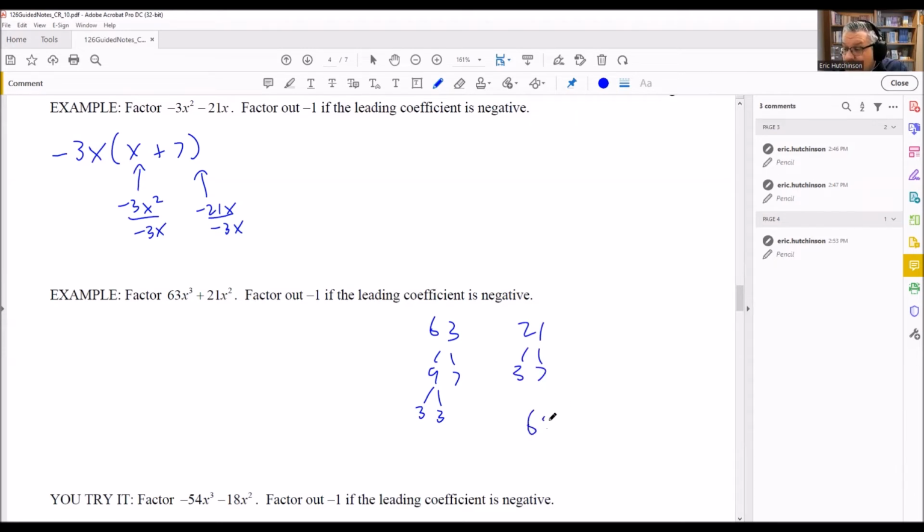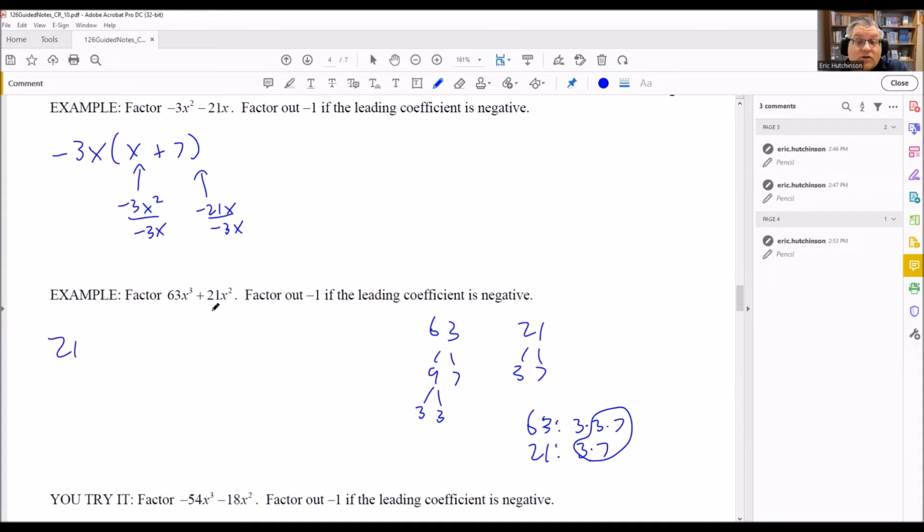So for 63, we have 3 times 3 times 7. And then 21, we just have 3 and 7. Notice here that 3 and 7 are common on this one. That means that the GCF between these two numbers is actually going to be 21. So I know 21 is part of my GCF.